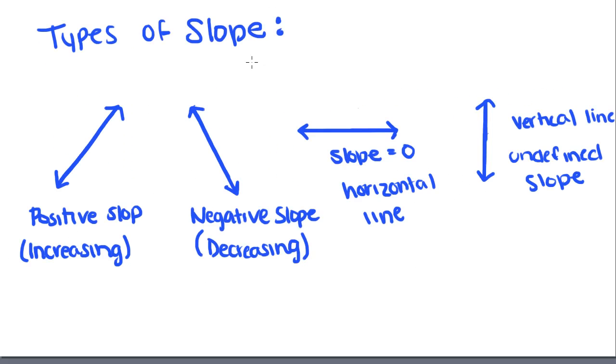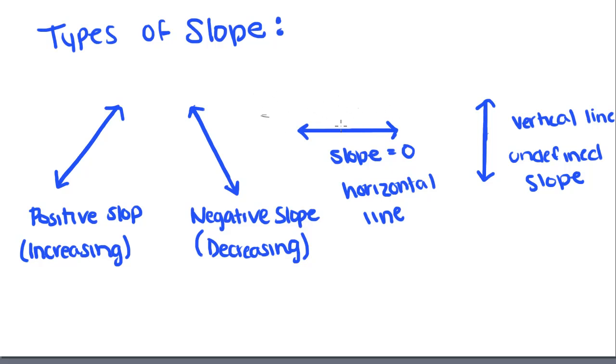So there are 4 types of slopes. You can have a positive slope, which means that your line is increasing. You can have a negative slope, which is decreasing. You could have a slope that equals 0, which is a horizontal line.